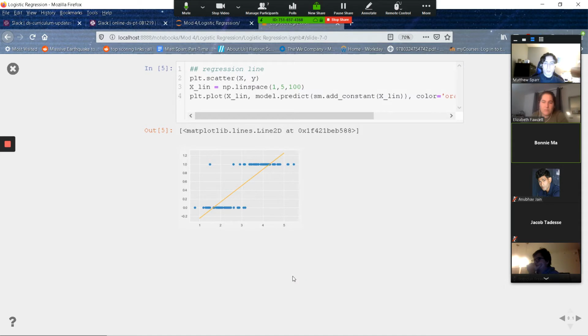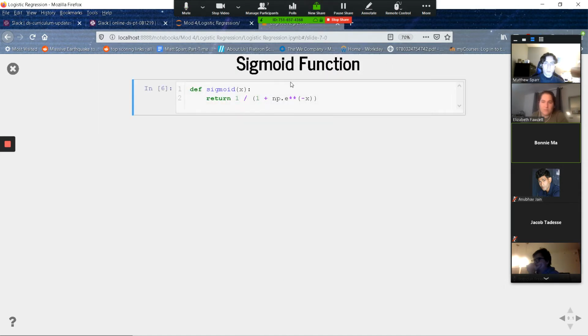It transforms all the x values to be between 0 and 1. That's because we want to do logistic regression, which uses the sigmoid function to take every x value and squash it between 0 and 1.